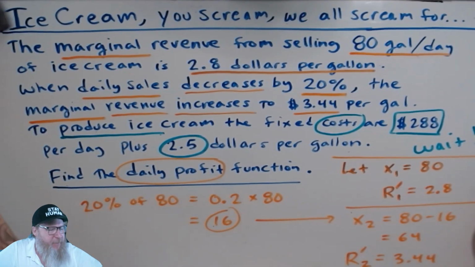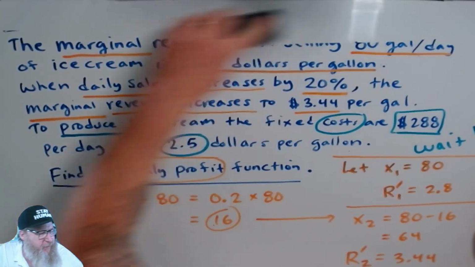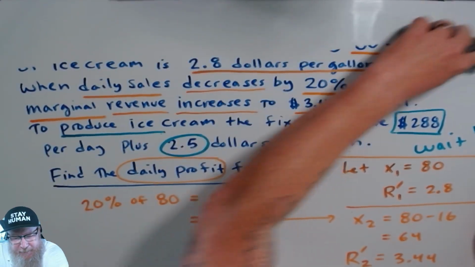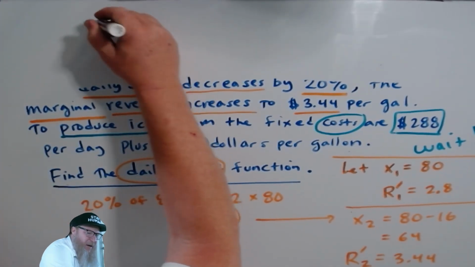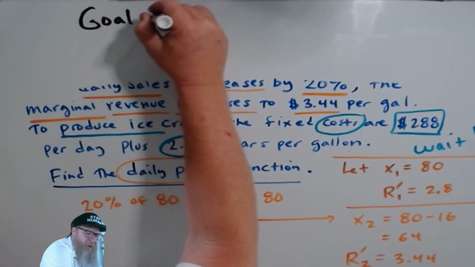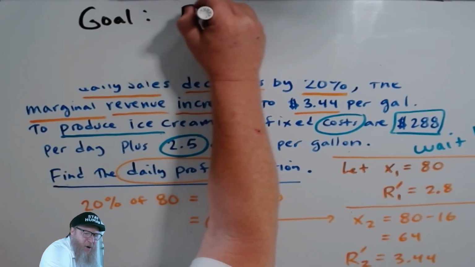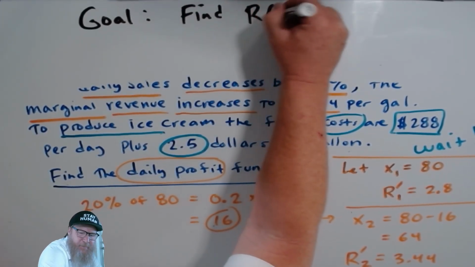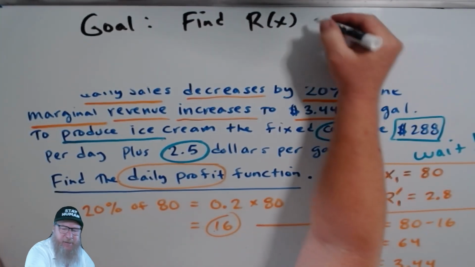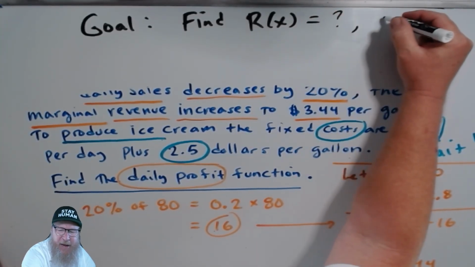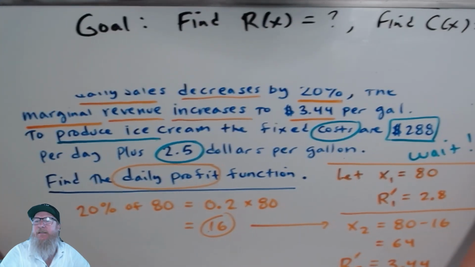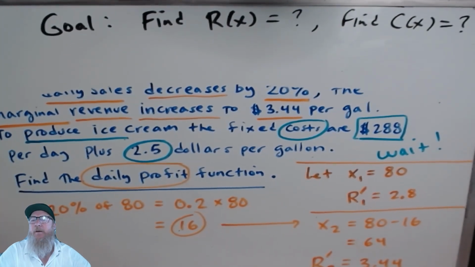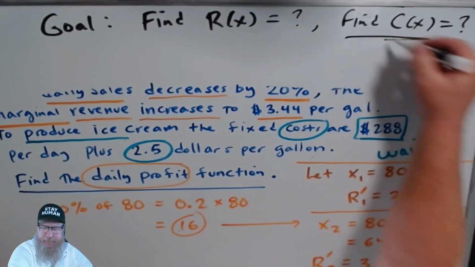All right, so now this should all be a review of the previous business math that we've learned in the past. So our goal is to find R as a function of X, then find C as a function of X. We'll wait on that.